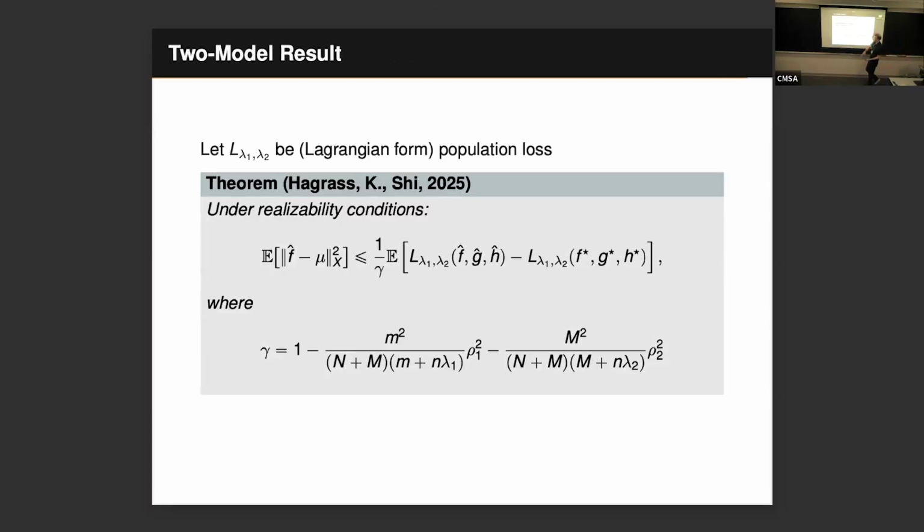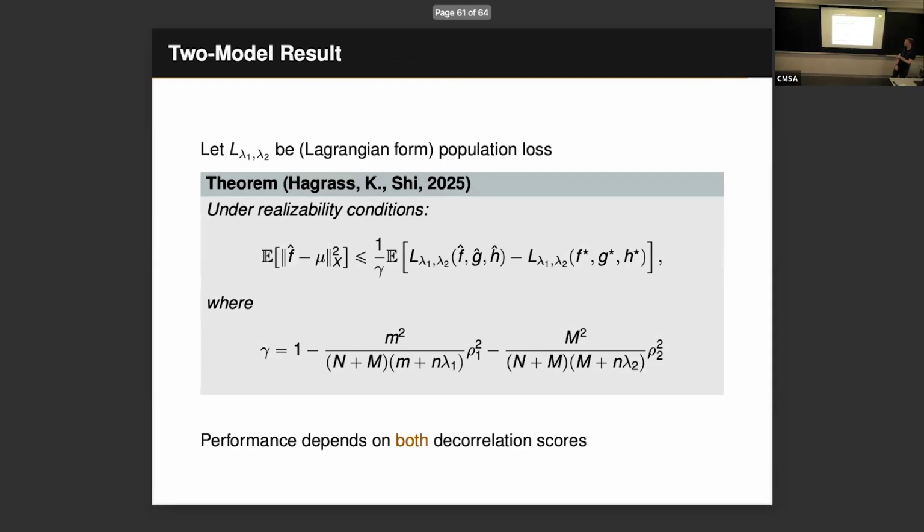You can bound the risk by the difference between the population loss at the empirical optimizers and the population optimizers, and you have this 1 over gamma factor, and this gamma factor now involves both of these correlations. Okay, and if you want to, you can use empirical process theory to upper bound this. It's just that the upper bound becomes a little bit more nasty, and it's not terribly enlightening to see it.